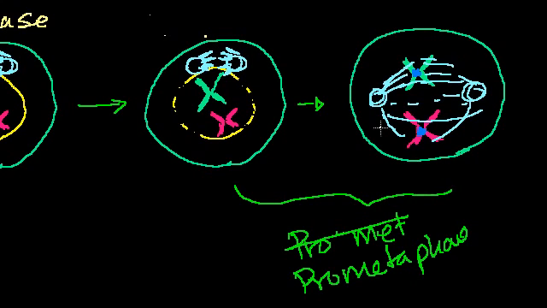And then some of these microtubules, these tubes or these ropes, however you want to view them, attach themselves to the centromeres of the actual chromosomes. The protein structure that they attach to is called the kinetochore. So there's a kinetochore there, and one there. It's a protein structure, and it's actually fascinating.